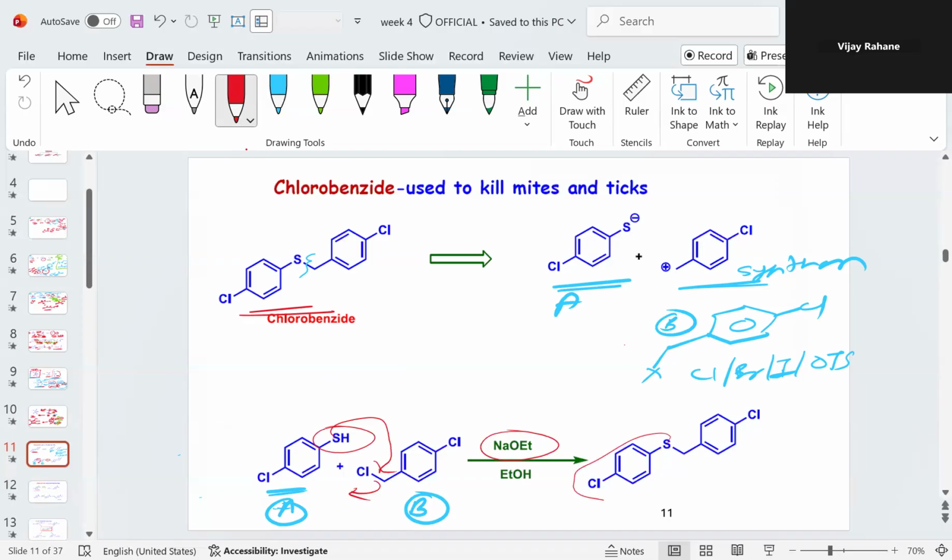So this entire sulfur-containing side group can attach on this carbon center, right? And we get the formation of our chlorobenzide molecule. So you can note down this one.